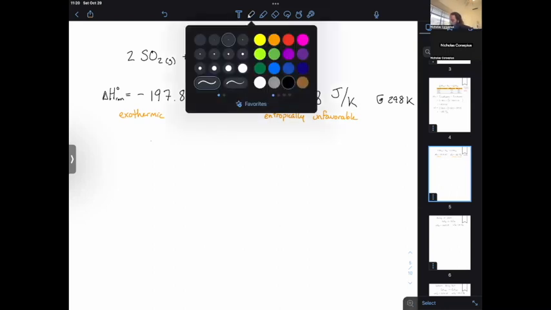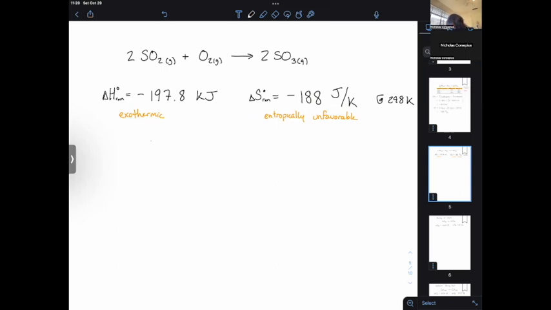Now we're going to combine these two into our delta G, because remember, delta G is delta H minus T delta S, and we know what temperature these values are tabulated at.